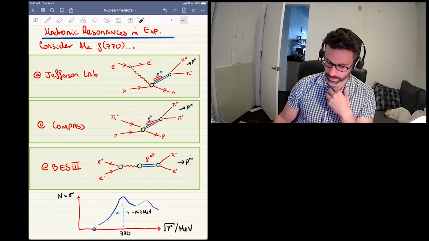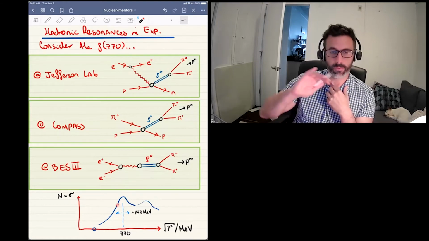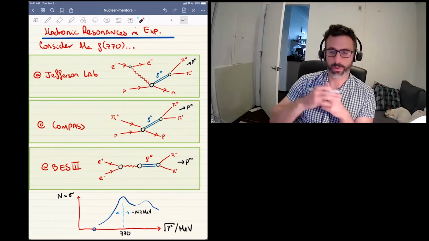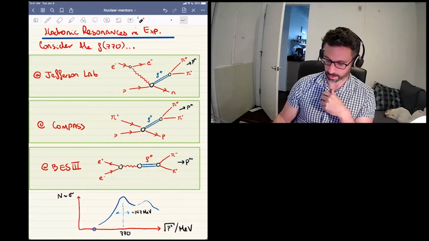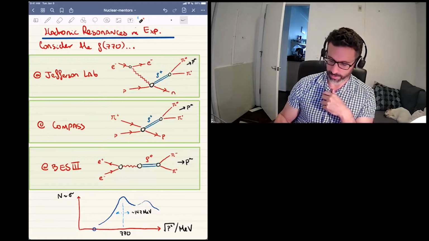And these are seen as dynamical enhancements, so rapid bumps, areas where the number of events grows, and the height of this, the location of the height and the width tells us information about the properties of these states.